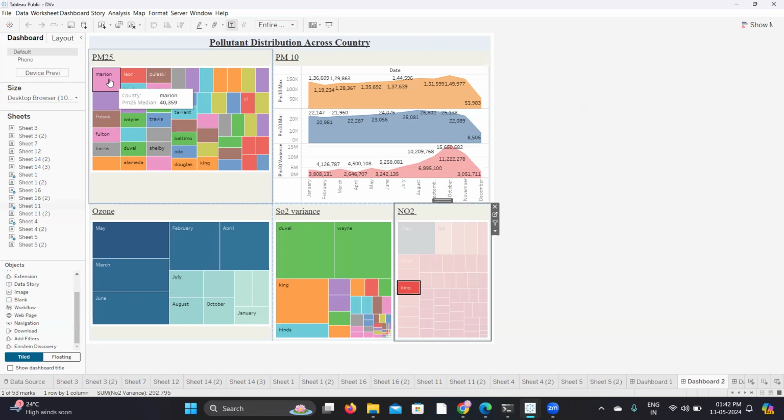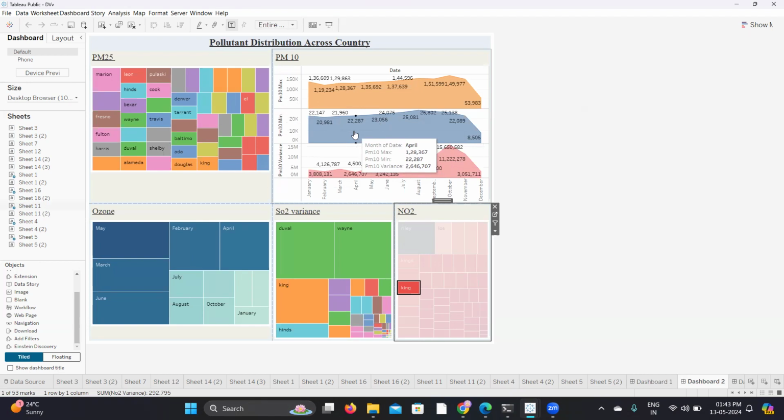The color coding from light to dark signifies increasing concentration of PM2.5, providing a visual representation of areas with higher pollution levels. On the right side of the same graph, the larger and darker the block, the higher the PM2.5 concentration, which allows viewers to easily identify areas with significant pollution.